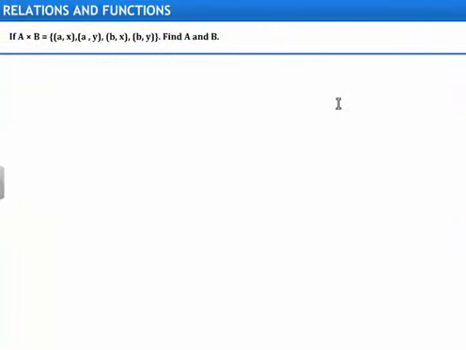In this question, it is given that the Cartesian product A cross B is equal to {(a, x), (a, y), (b, x), (b, y)}. You have to find the sets A and B. Let us begin the solution of this question.